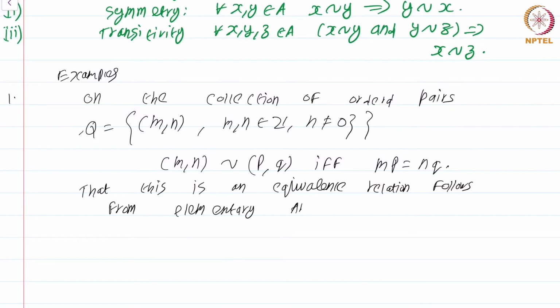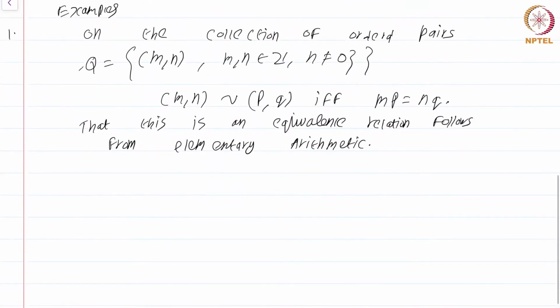So, the set Q of rational numbers is in fact not just a collection of ordered pairs. There is an additional equivalence relation involved, which we will make precise just in a moment when we come to partitions. Now, another example. Fix n in the natural numbers, and on the integers put an equivalence relation: a is related to b if and only if n divides b minus a.